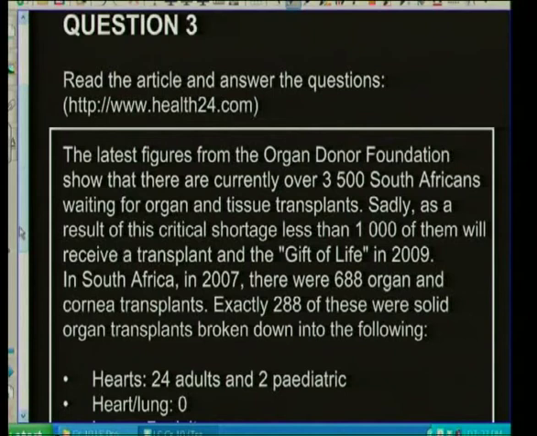Now we have a different question, and the question is a paragraph that you have to read and you need to answer questions related to this article. This article, by the way, appeared on the website of www.health24.com.